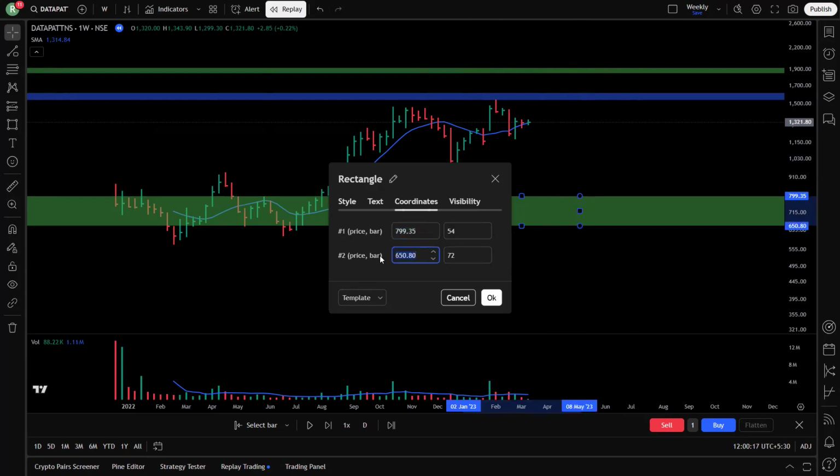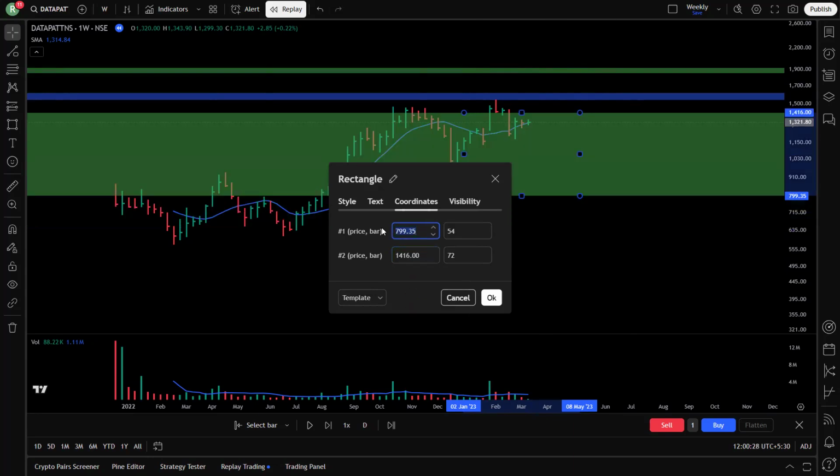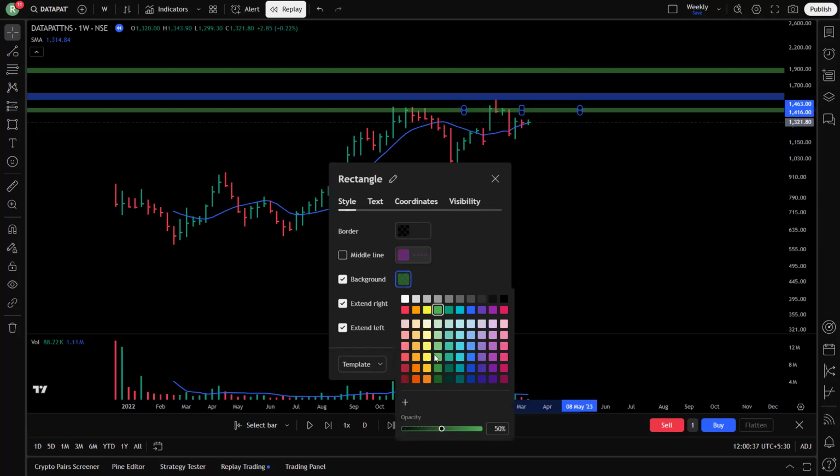This is 1540 multiplied by 0.92, 1416. And this would be 1540 multiplied by 0.95, 1463. That is a red color. Okay.